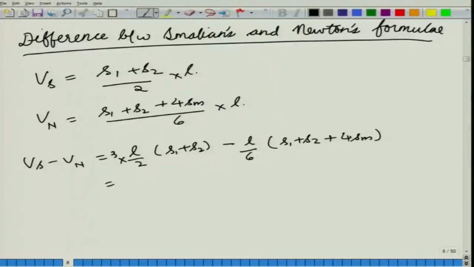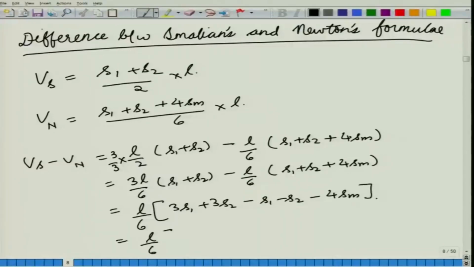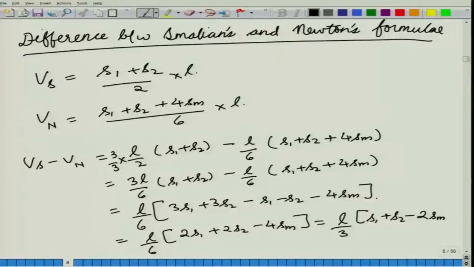or if you multiply by 3 by 3, that is multiplying by unity, we get 3L upon 6 (S1 plus S2) minus L upon 6 (S1 plus S2 plus 4 Sm), or taking L by 6 common, we have (3 S1 plus 3 S2 minus S1 minus S2 minus 4 Sm), which is equal to L by 6 (2 S1 plus 2 S2 minus 4 Sm), which is equal to L by 3 (S1 plus S2 minus twice of Sm).